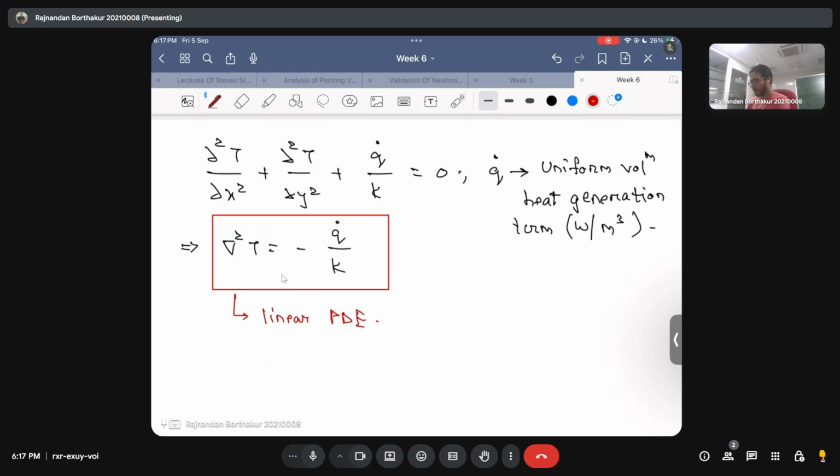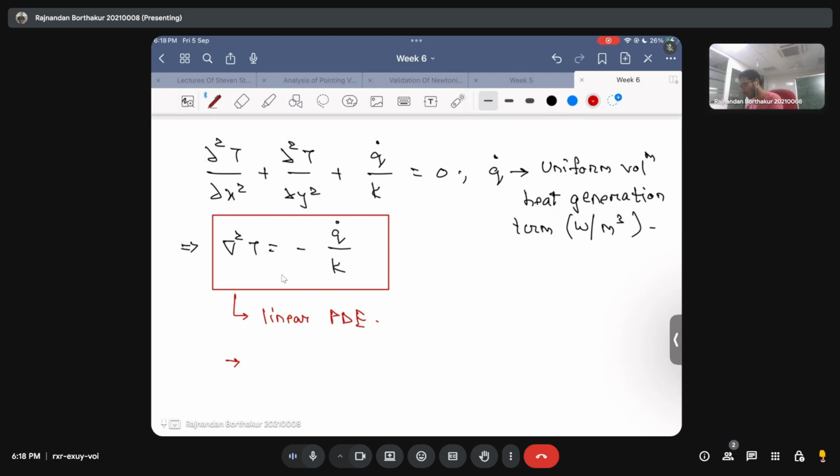So it's still linear, but you can now see that T equal to 0 does not satisfy this equation, because the right hand side is just a constant, which is q dot by k, and the left hand side, when we invoke T equal to 0, is just equal to 0. So although it's linear, the steady state heat diffusion equation with heat generation is a non-homogeneous PDE, because we don't have a trivial solution in this form of equation.